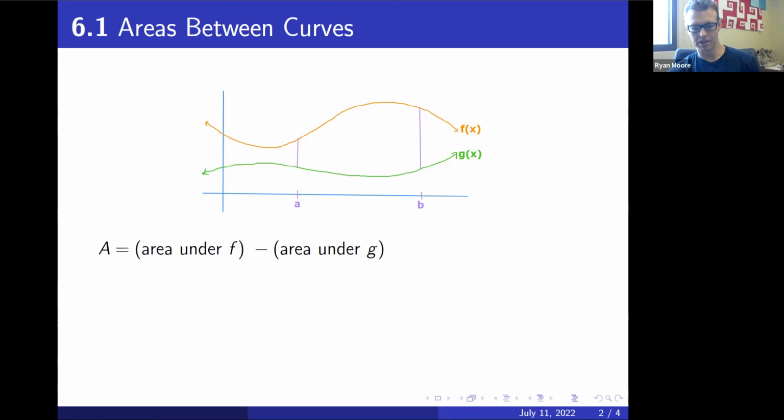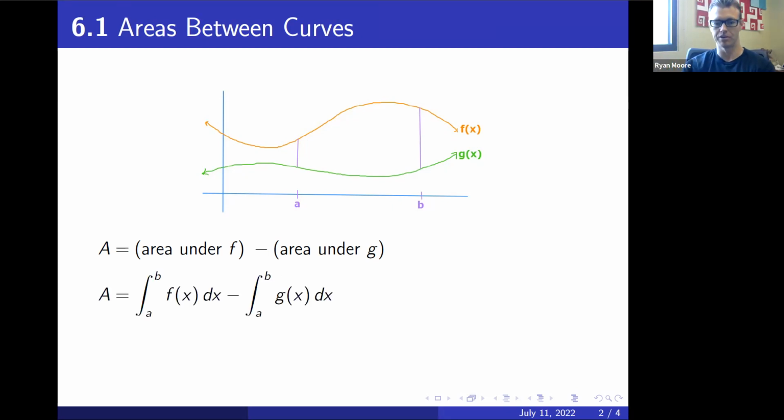What would that look like? Well, the area under f is your integral from a to b of f of x dx, and your area under g, the integral from a to b of g of x dx. But because they have the same limits of integration, because they're both integrals from a to b, we could combine that into a single integral by subtracting, f of x minus g of x, like so.